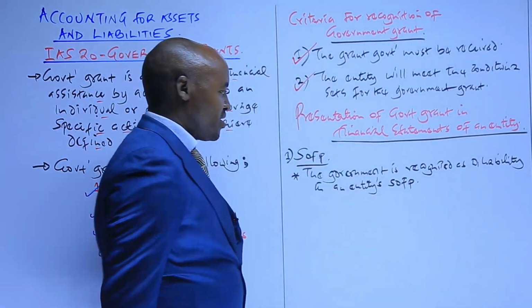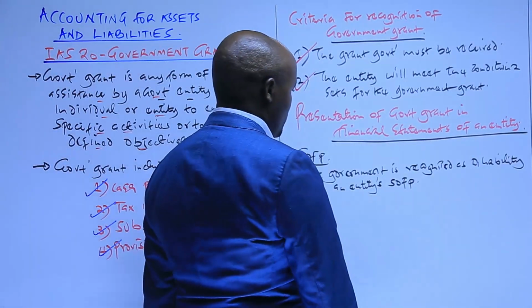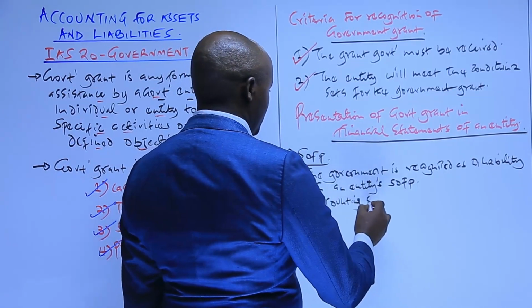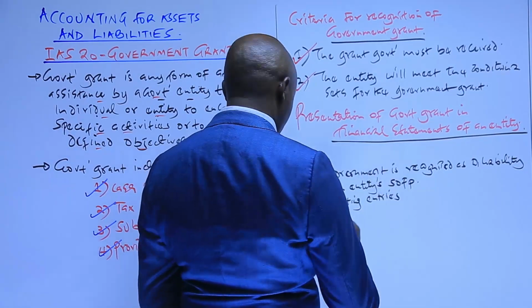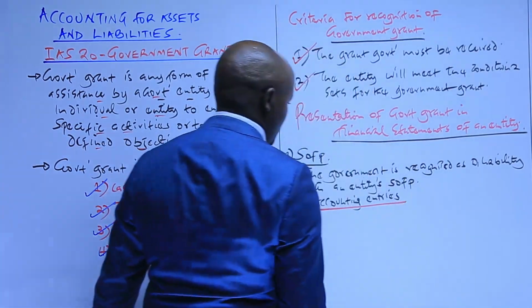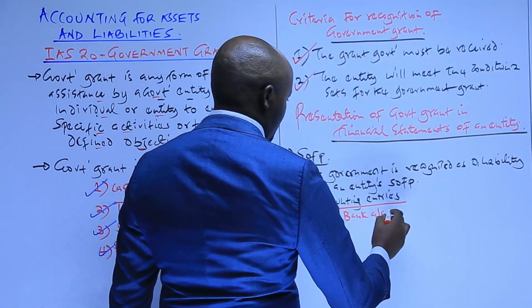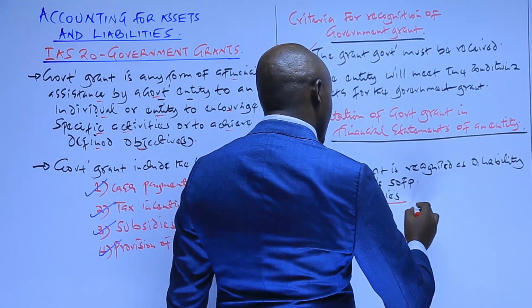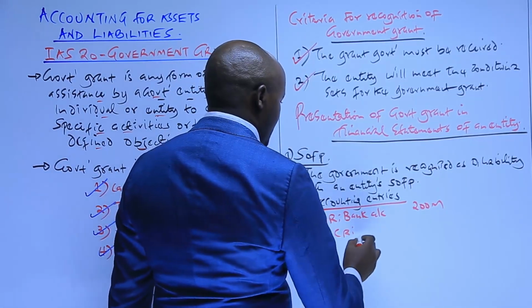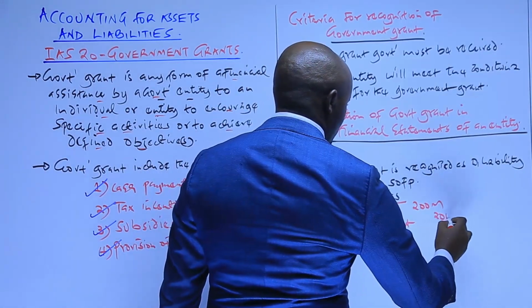Assuming an entity has received a government grant of 200 million, the organization will debit the bank account. Remember, this is money which has been received. So the entity will debit the bank account with 200 million, and then credit an account called government grant, an amount of 200 million.